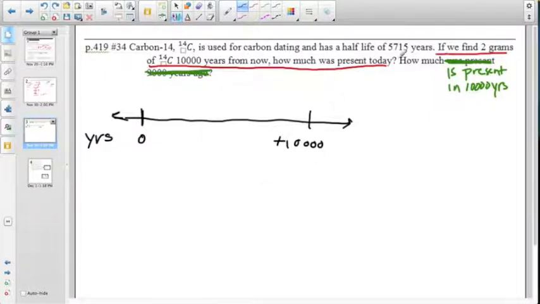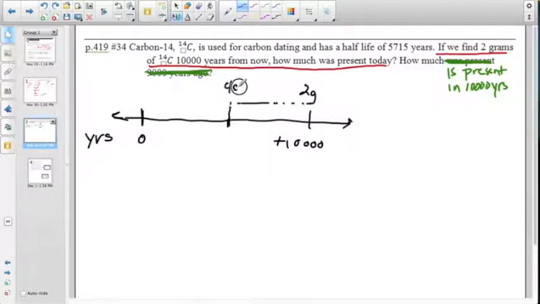And so let's just say it's 5,000. So if we back up 1 half-life, if we started out with 2 grams, that's half of what was left 5,000 years prior to it.